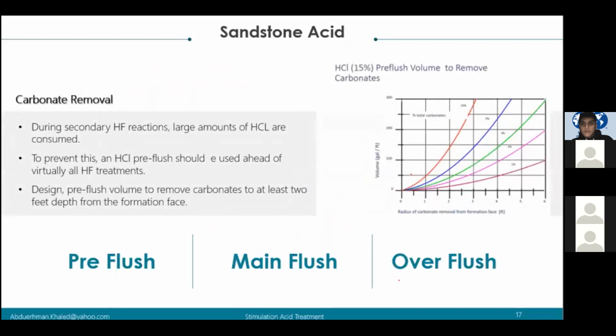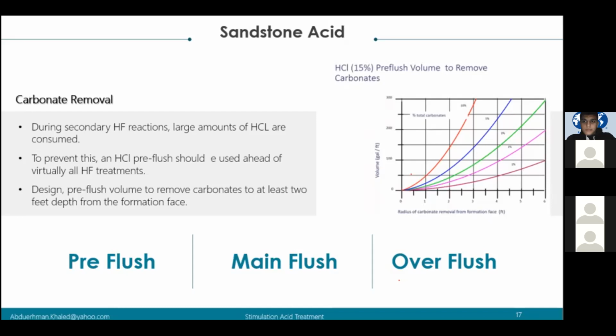Always remember to remove all the carbonates in the near wellbore area, because there's one thing you never want to have around the wellbore when you treat a well with HF acid, and this is carbonate.